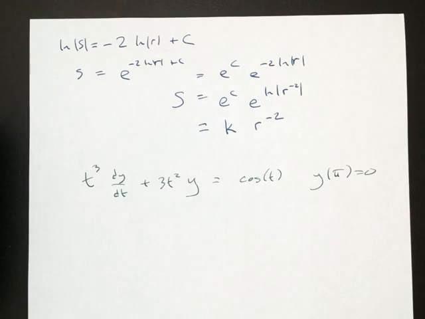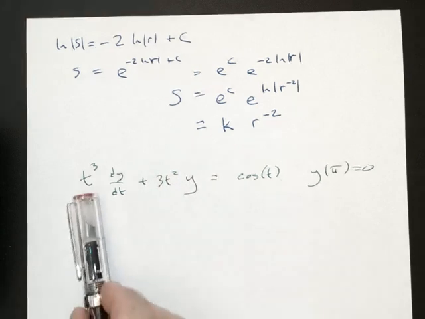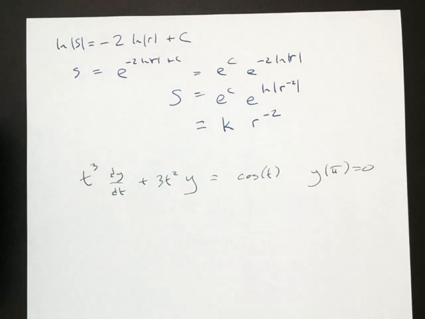Okay. Now, my problem is that this is not set up to be linear yet. What do I need to do? Like t on one side of it. It should always be with the y part, not with the y prime. So this is the problem right here. This t cubed needs to go. So I'll divide it out.